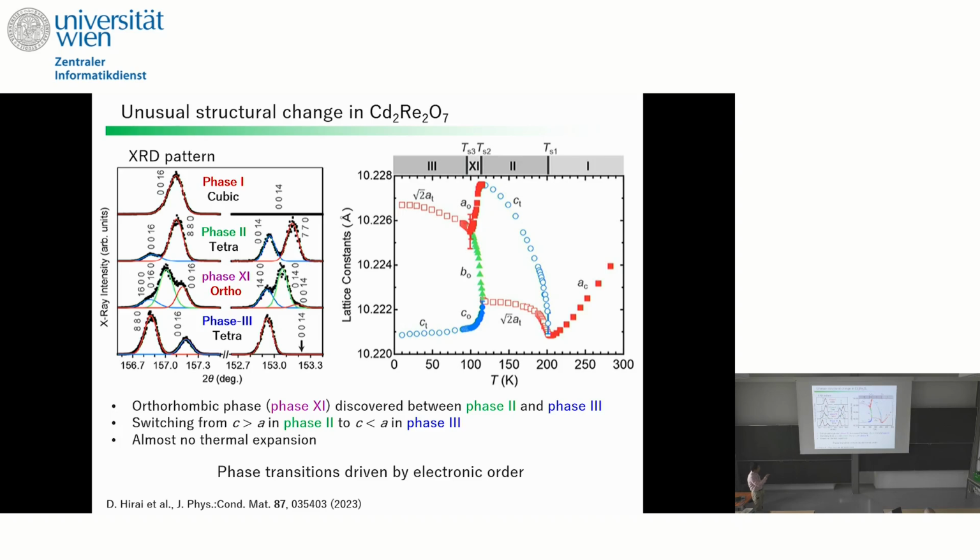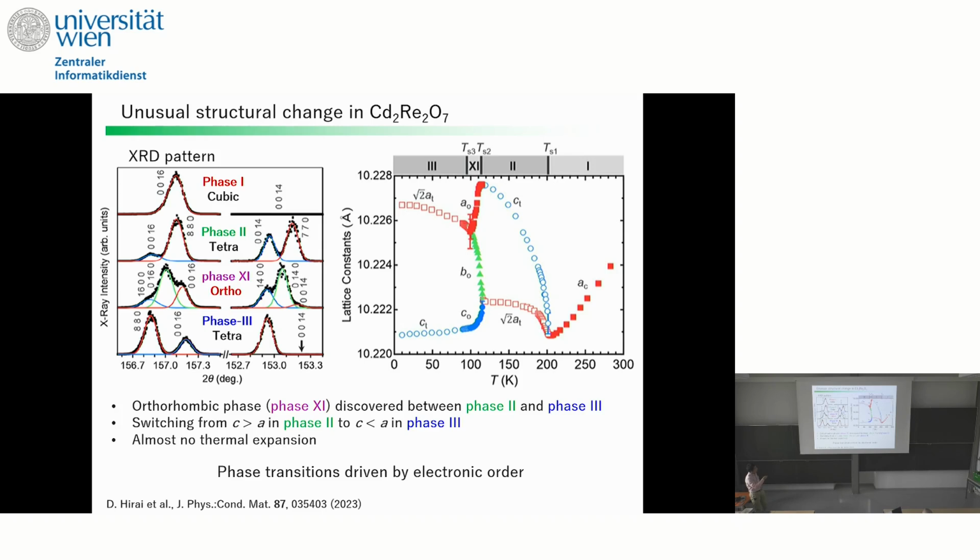And here we discovered a new phase. Even though people worked intensively for 20 years, nobody observed this phase. But we found this orthorhombic phase in this very narrow region, between phase 2 and phase 3.